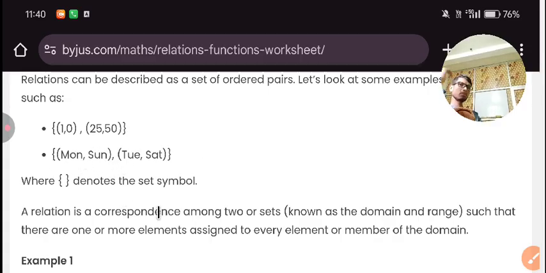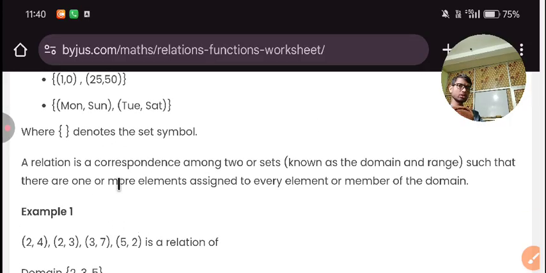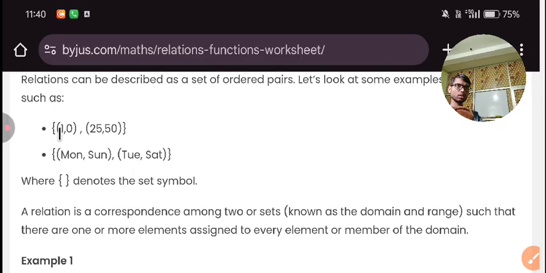These are ordered pairs, each an element, comma, element. This is a coordinate. A relation is a correspondence among two sets.